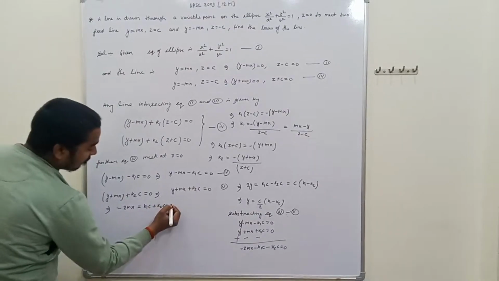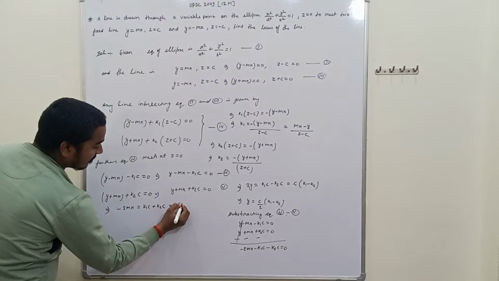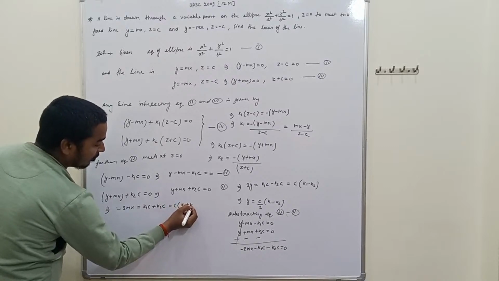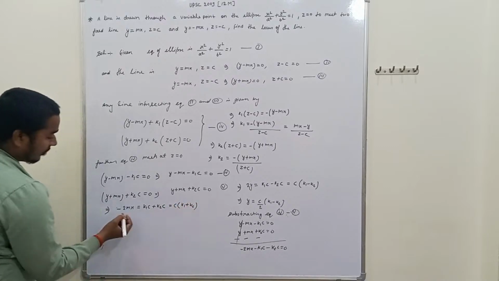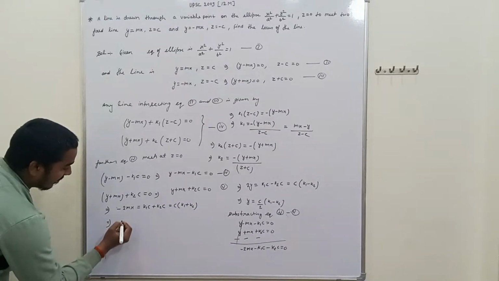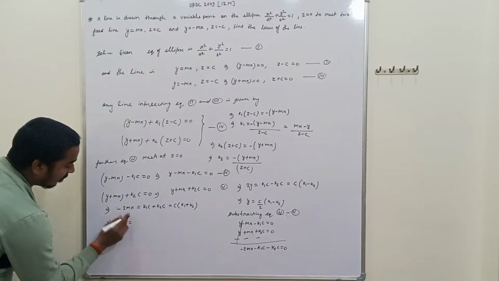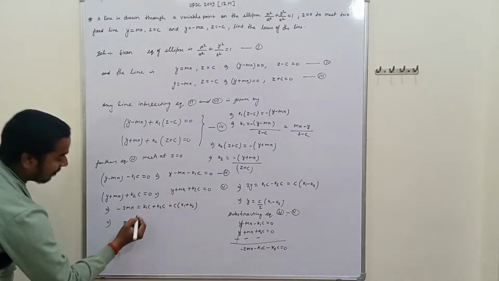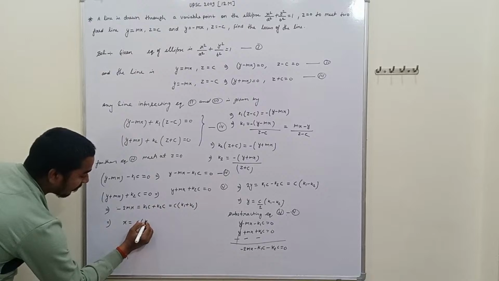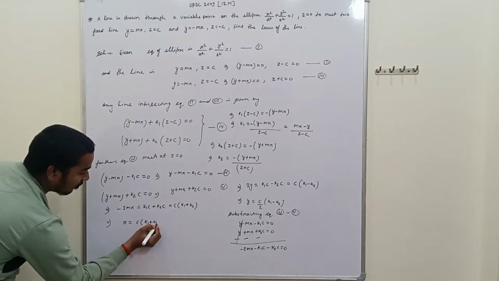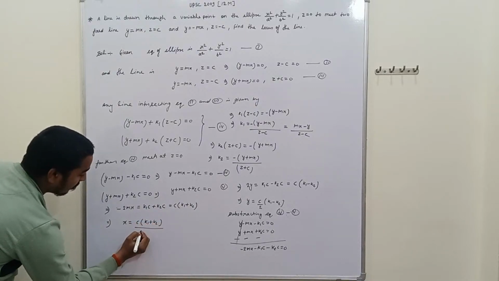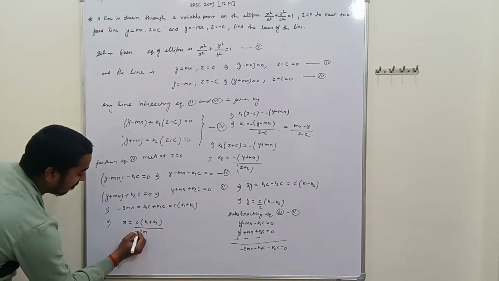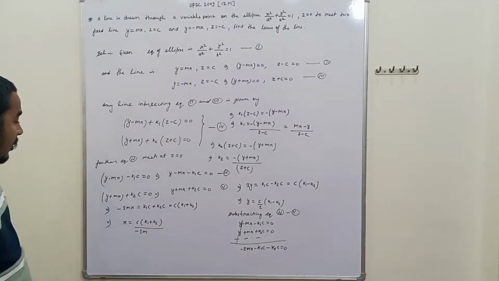From here we take c common, that is c times k1 plus k2, and we have to find the value of x, that is x is equal to c times k1 plus k2 upon minus 2m, and further this is the value of x and y.